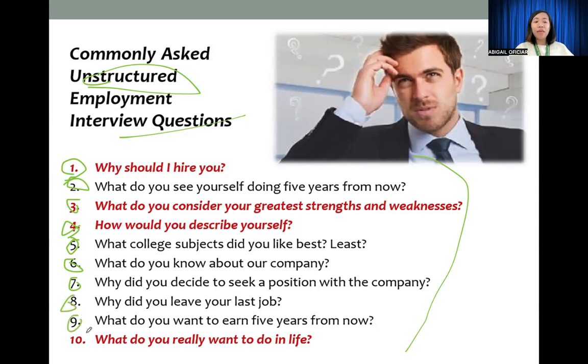Supposed to be, dapat hindi natin ini-scorean tong mga ito. Why? Because these are unstructured, meaning they are not related to the job, dun sa KSAOs at saka job description. Okay? So be familiar with this and avoid asking these questions later when you will be assigned in the recruitment or selection as selection specialist.